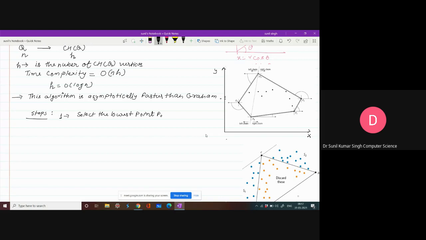In the diagram you can see this is P naught, and the next point which has the lowest polar angle is P1, right? Is it P1? Yes, sir. So select P1 and just join the line.